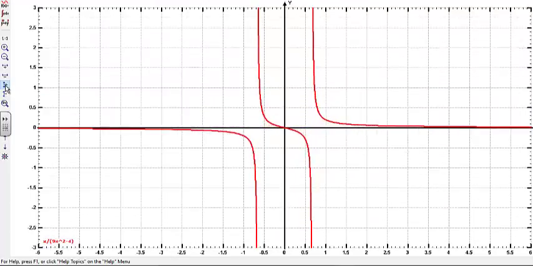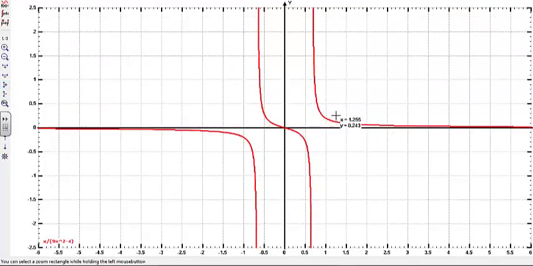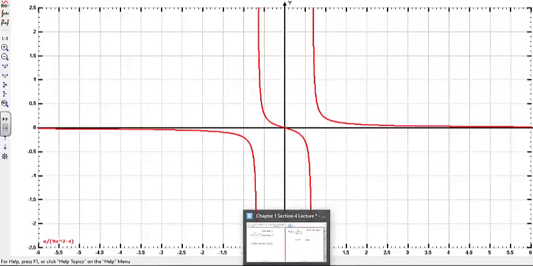Okay, so there you go. So it's a rational function. You can see that the function crosses the x-axis at x equals 0. So that's the zero. You'll notice these two vertical asymptotes, one here and one here. Those are where the denominator goes to 0. We'll talk about that later.